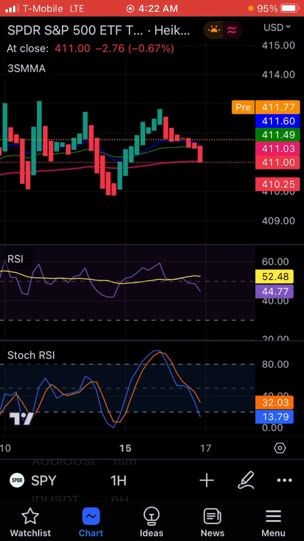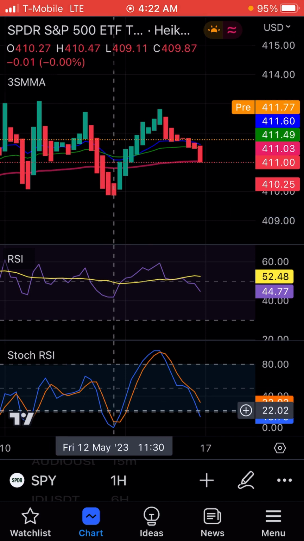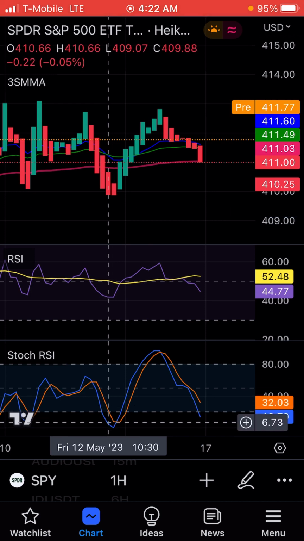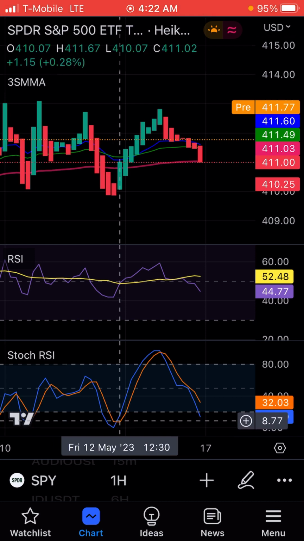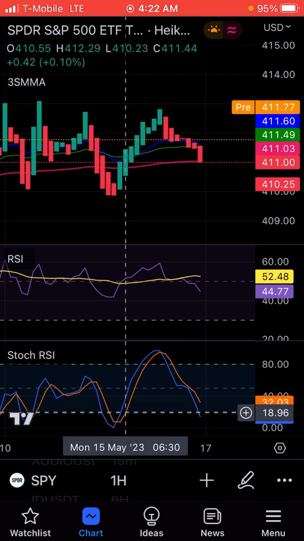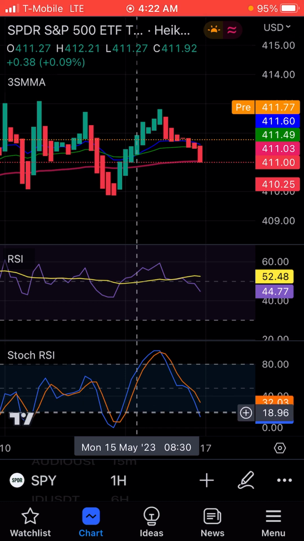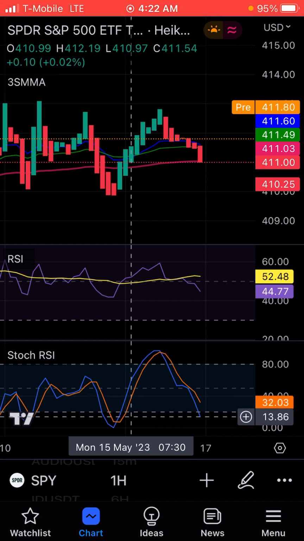What you want to look for first on your stochastic RSI is that blue little line. You see the blue little line right here. And you want to look for it to be peeking through the orange line. So if it's on the bottom here, personally, you get better results if the stochastic is below the bottom dotted line down here.